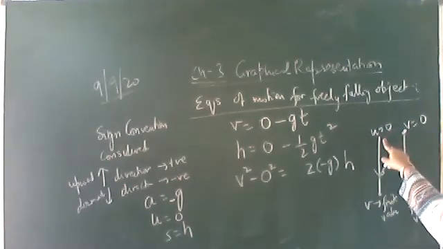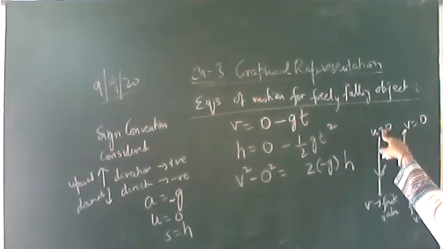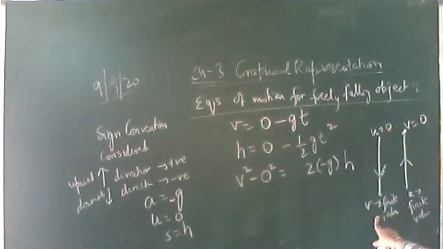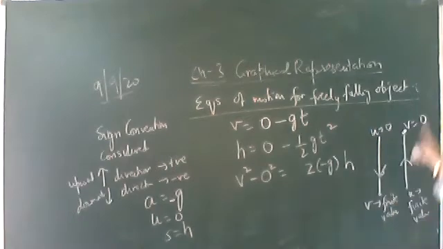So when a body is dropped from a height, initial velocity is taken as 0 and final velocity has some finite value. But when a body is thrown vertically upwards, initial velocity has some finite value, and at the maximum height the final velocity will be 0.